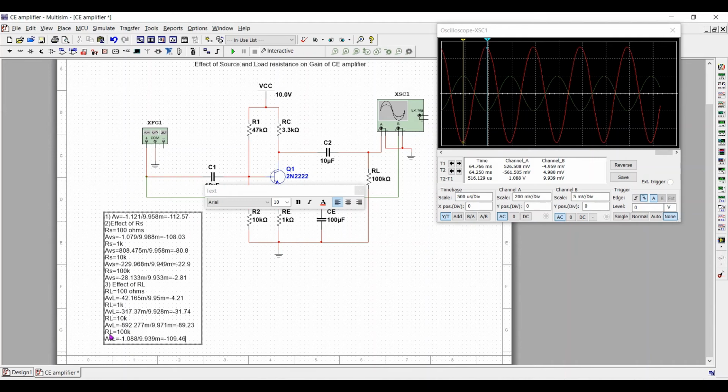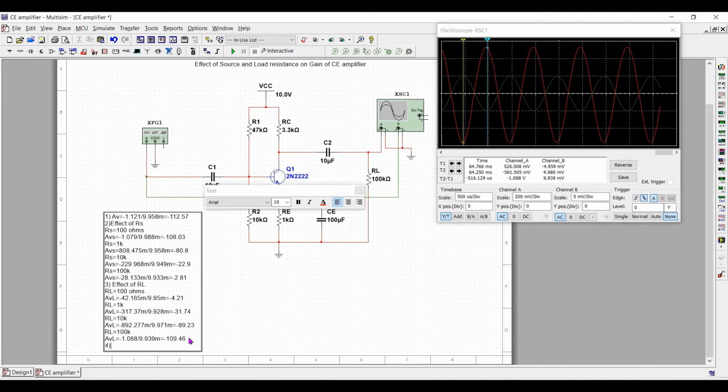So from this, we can conclude that the value of load resistance should be as high as possible to get the maximum gain. So ideally, the value of load resistance should be infinite, but we cannot have that in practical purpose. So let's do the fourth part over here.